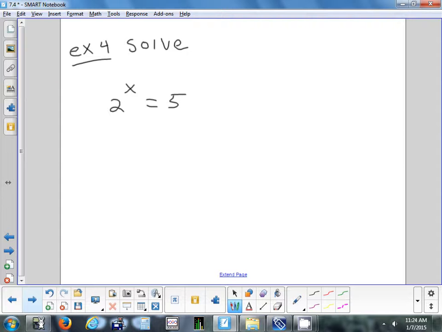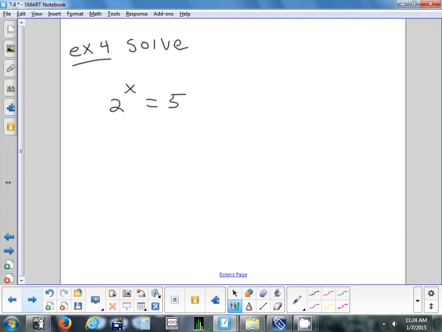Before we do it, anybody have a guess what x has to be between? Just two numbers, we know it's got to be between. 2 and 3. 2 to the second power, that's too small. 2 to the third power, that's too big. So whatever we get for an answer, it's going to be between 2 and 3. Okay, how do I find it?